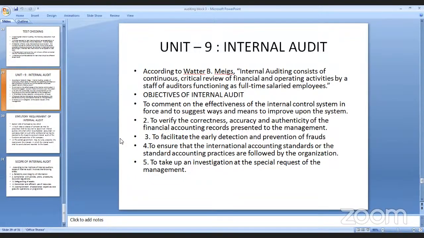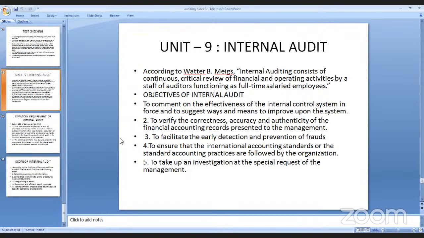Yes, ma'am, is it clear? Yes, ma'am. Internal check and internal audit. It aims at improving the efficiency of the business. Next, the internal audit focuses on the verification of the correctness of what has been conducted in the financial accounting records.